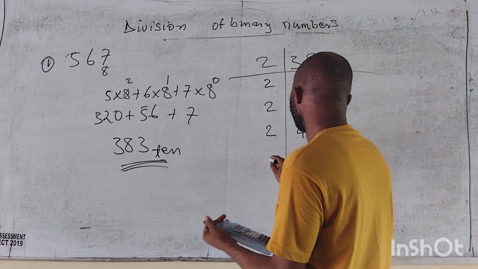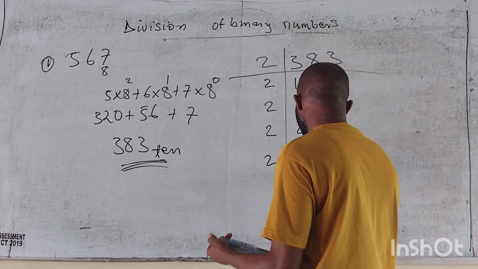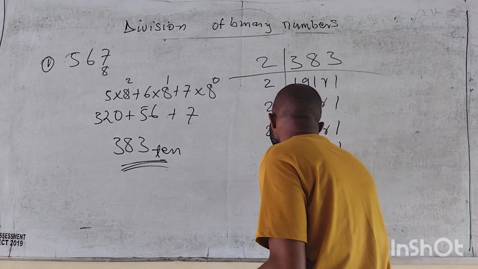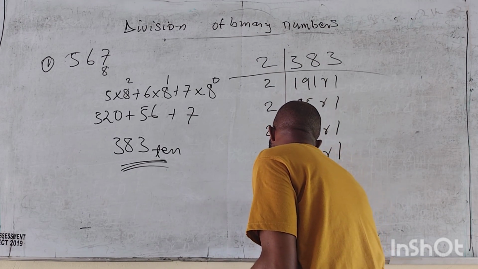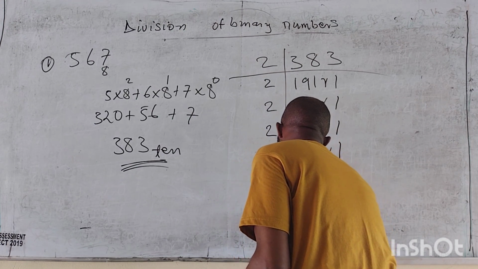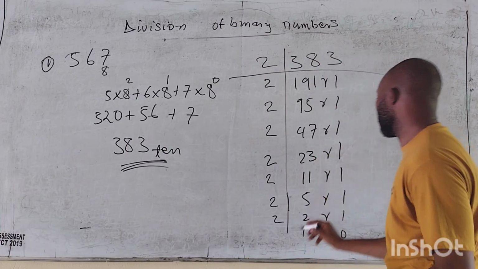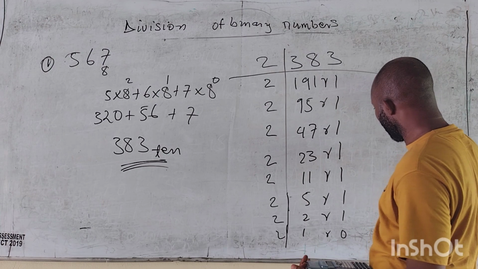Remainder 1. 23 divided by 2 is 11. Remainder 1. 11 divided by 2 is 5. Remainder 1. 5 divided by 2 is 2. Remainder 1. 2 divided by 2 is 1. Remainder 0.